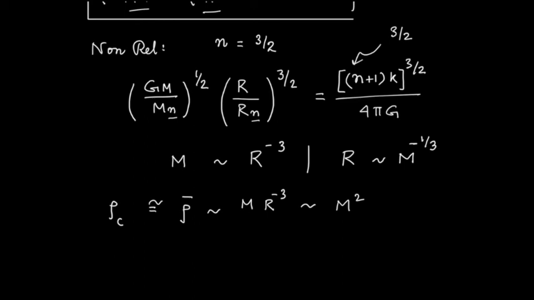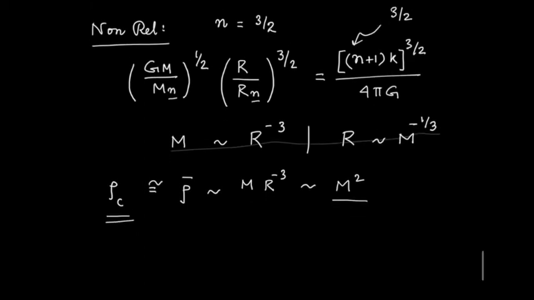So for these non-relativistic stars we are talking about here, the core density goes as M square. Okay, so this is non-relativistic.